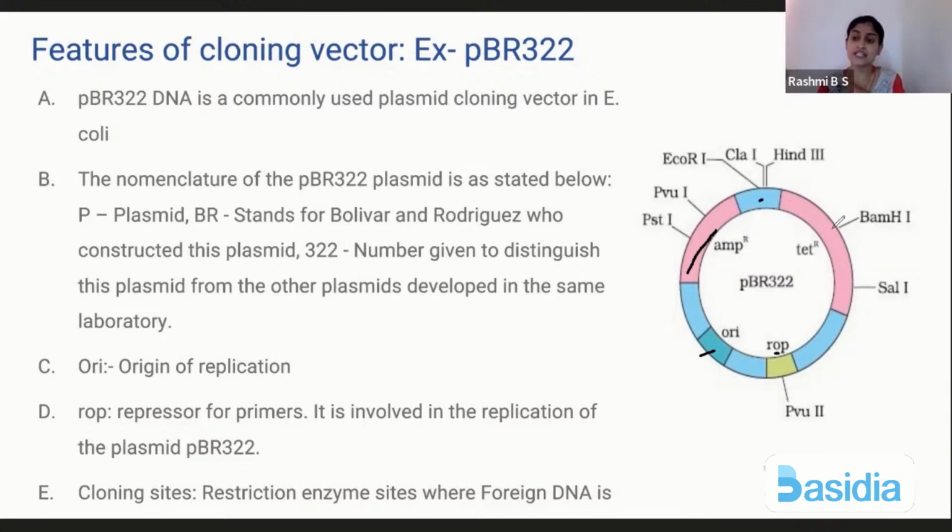If my foreign DNA has a recognition site for the BamHI restriction enzyme, then I'll use BamHI to cleave the foreign DNA as well as the plasmid, and I will insert the gene here. So this is how we need to choose the DNA and restriction enzymes carefully.